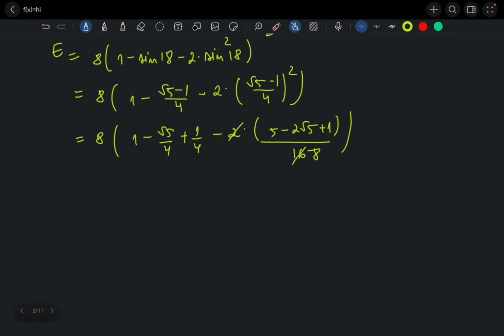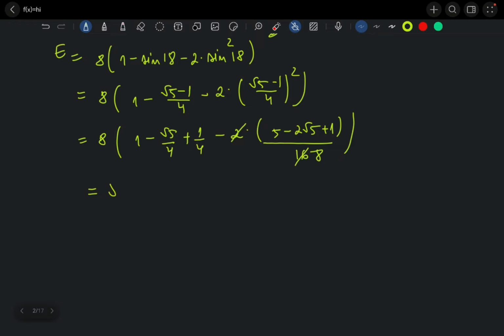2 and 16 cancels to an 8, and we'll get 8 all over 1 minus square root of 5 over 4 plus 1 over 4 minus 5 with a 1 gives us 6, so minus 6 over 8, and minus 2 square root of 5 with a negative sign in front gives us positive 2 root 5 over 8.